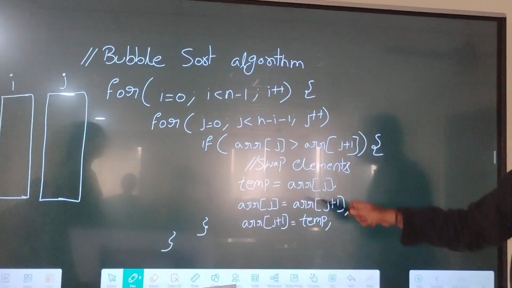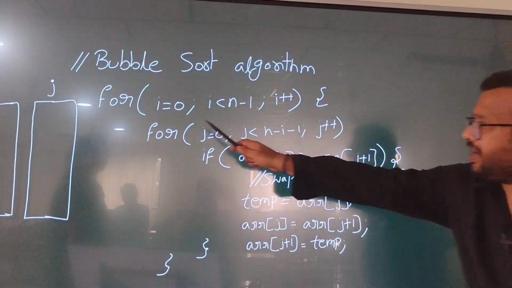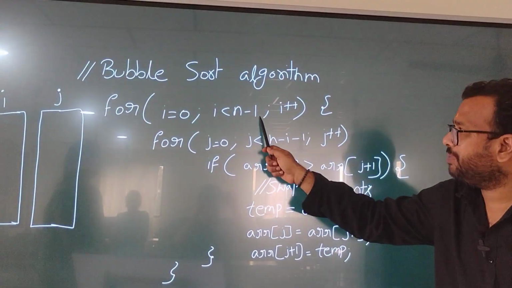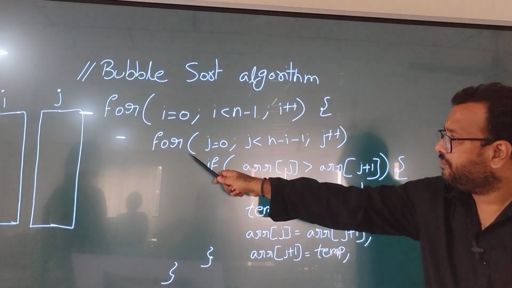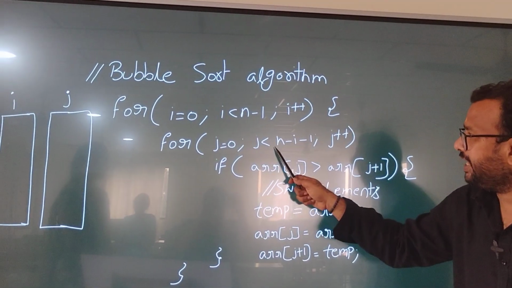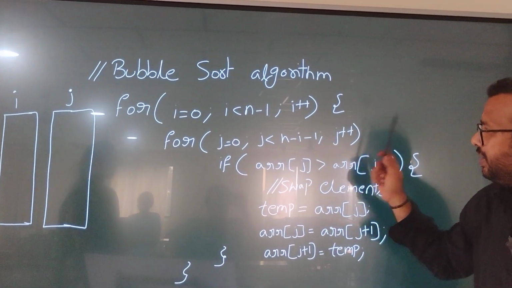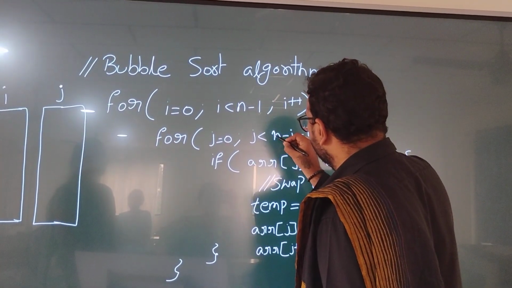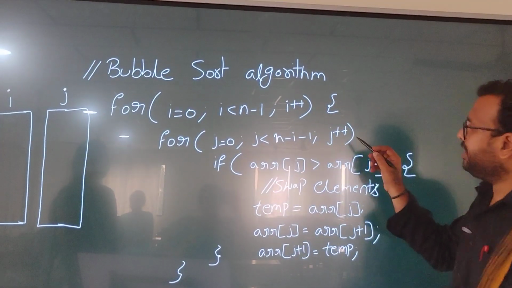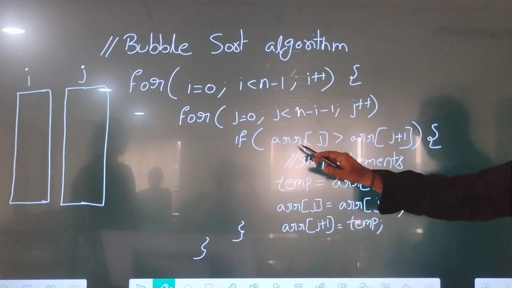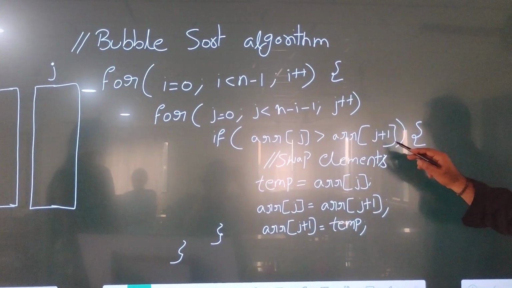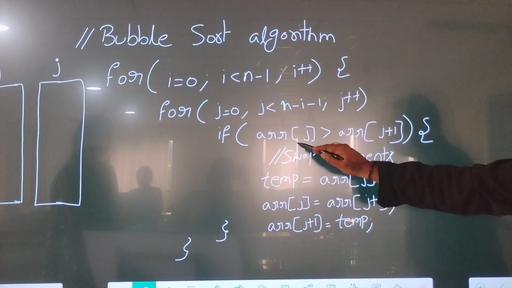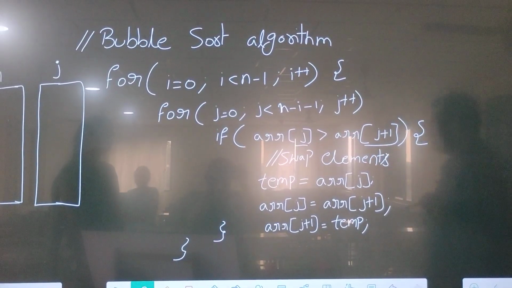This is the algorithm for bubble sort. For i equal to 0, i less than n minus 1, i plus plus. For j equal to 0, j less than n minus i minus 1, j plus plus. If arr of j is compared with arr of j plus 1, these two are adjacent elements.